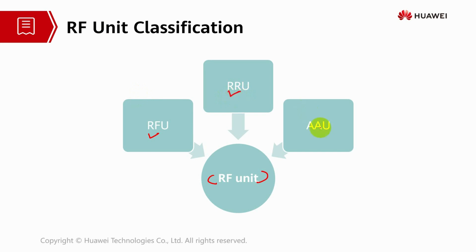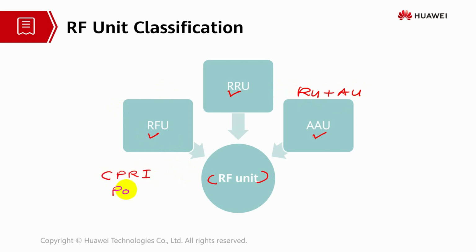station. AAU is known as active antenna unit. This has an integration together with the antenna system. It has a radio unit plus the antenna system. And this radio unit, the RF unit, consists of a CPRI or fiber interface module.